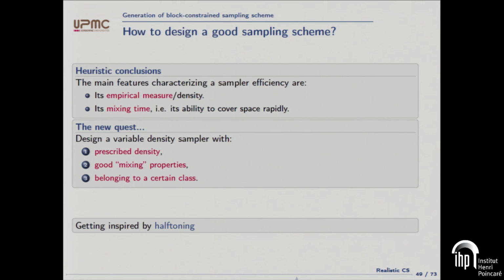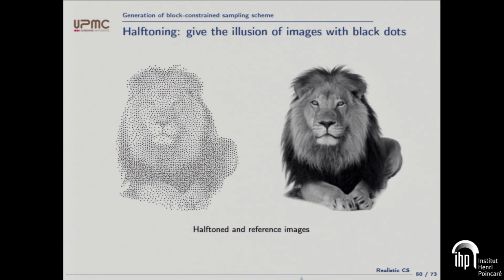When you want to print a grayscale image, you can see it as a continuous thing, and your printer is not going to print something continuous, it's going to just do black dots. And it's going to put more black dots where you have black regions in your image and fewer black dots where you have white regions. So typically, if you got this image here to print and you have a very bad printer, you're going to end with this image here.